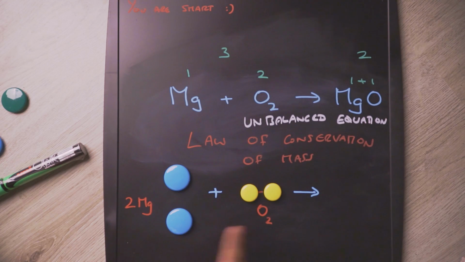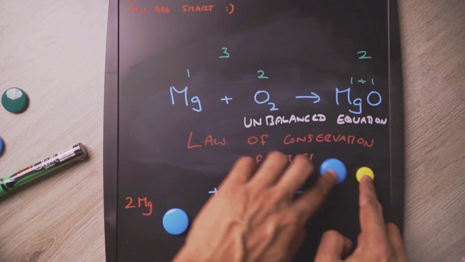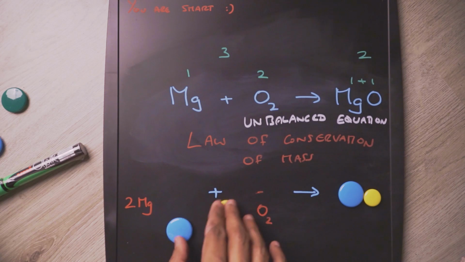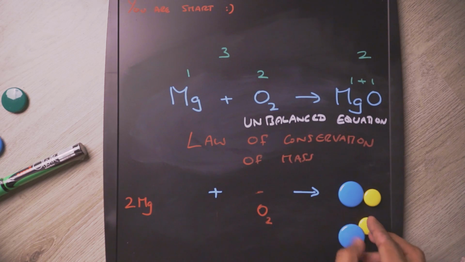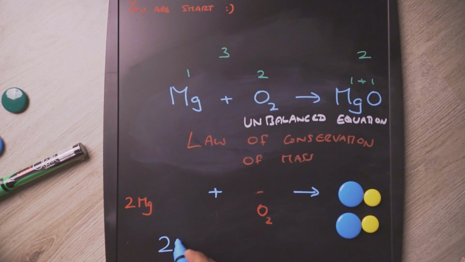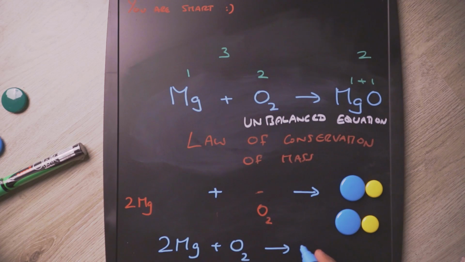Now what have we done? Because we have introduced a new blue here, these two have formed an MgO and these two have formed an MgO. So this means that we are rewriting the equation to be 2Mg plus O2 produces MgO, MgO, so 2MgO.